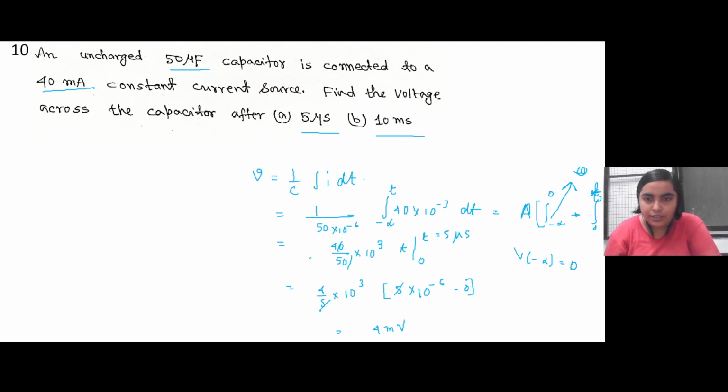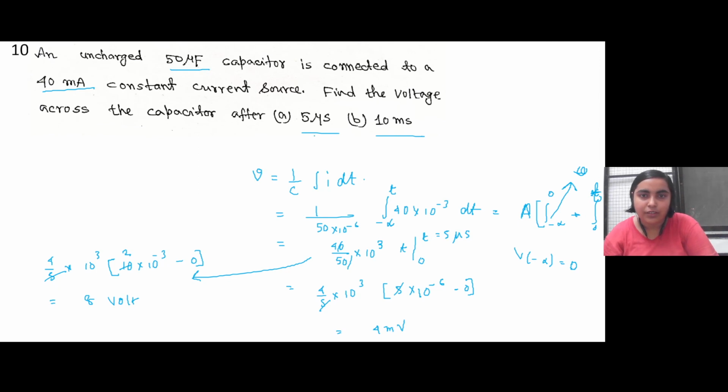Now similarly using this equation at time t equal to 10 milliseconds, it is 40 by 50 into 10 to the power 3 times 10 into 10 to the power minus 3 minus 0. So this is equal to 8 volt. So the answer is at 5 microseconds it is 4 millivolt, at 10 milliseconds it is 8 volt.